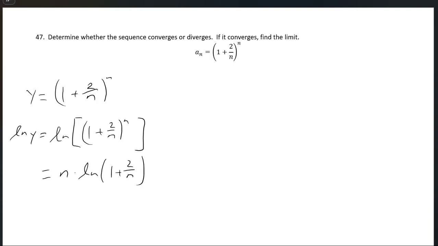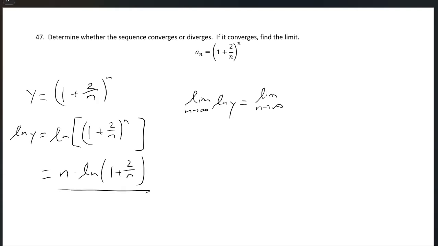Okay, now if we take the limit as n approaches infinity of ln y, that is the limit as n approaches infinity of the thing we just wrote.